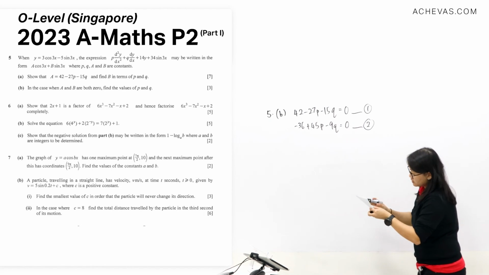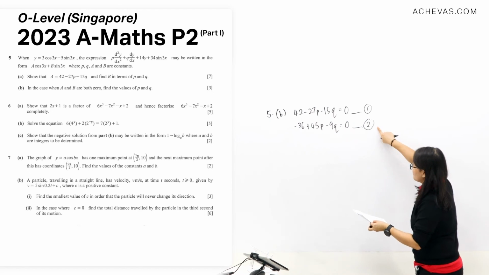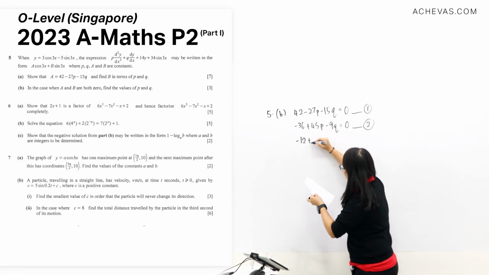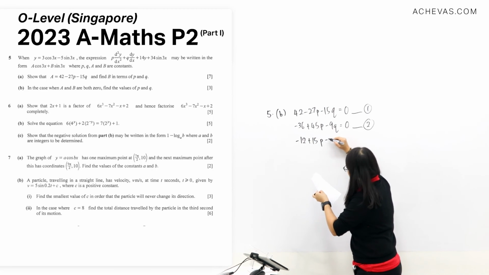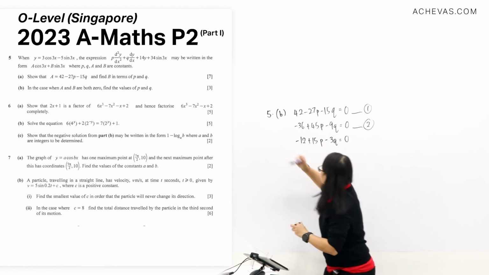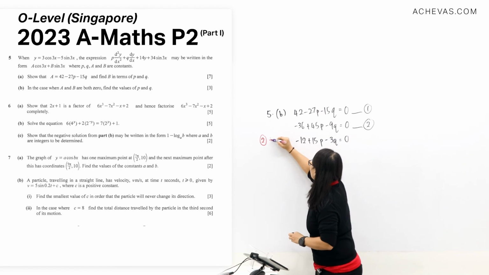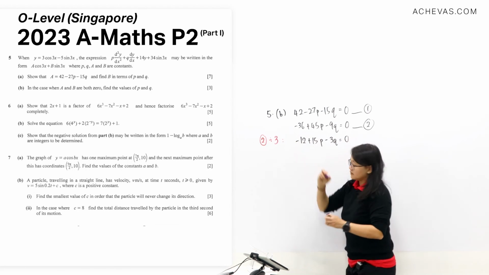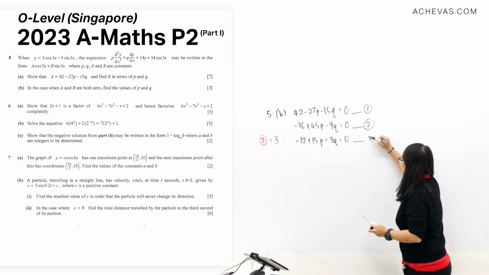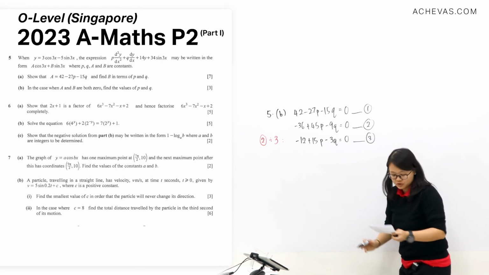So what I'm going to do is I'm going to take number 2 divided by 3. Let me write in front. I'll be doing this. Number 2 divided by 3. Give me this line here.